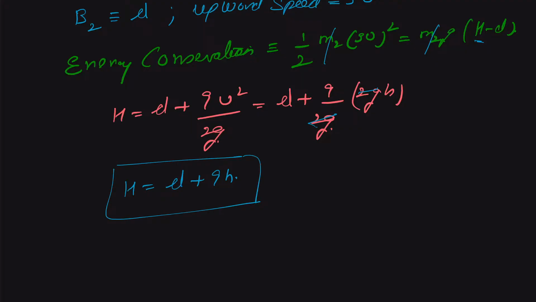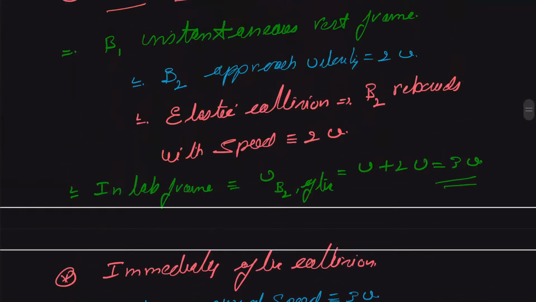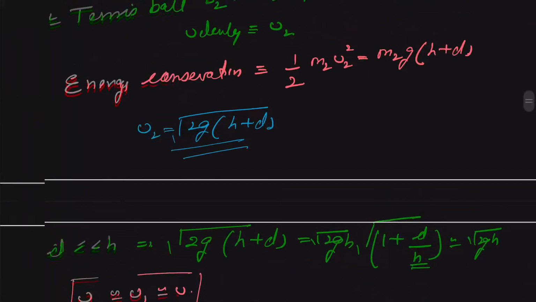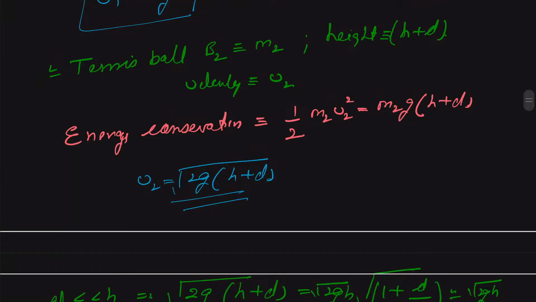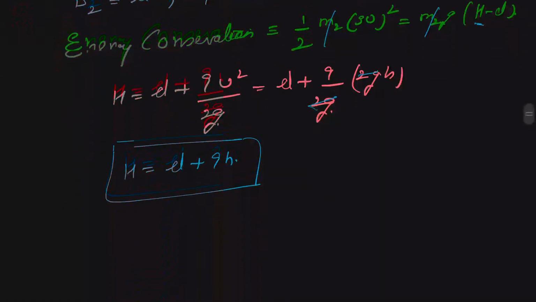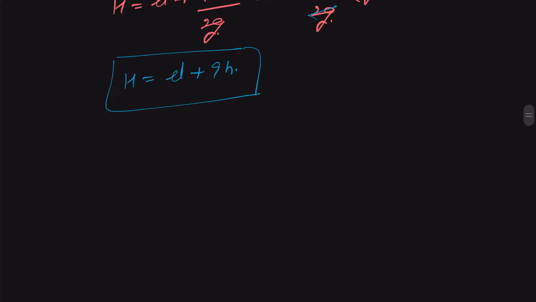So this was the second question. We come to the third question. The third question is the extension of this second question. In this particular question, we were only having 2 balls, the basketball and the tennis ball. It means with respect to the mass, they are on the decreasing side. The basketball, that is M1, was on the higher side having the mass, and M2 was on top of it.